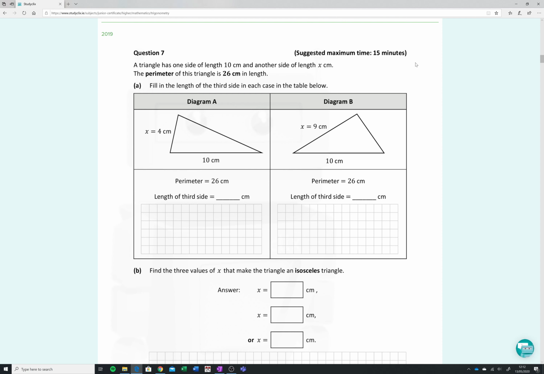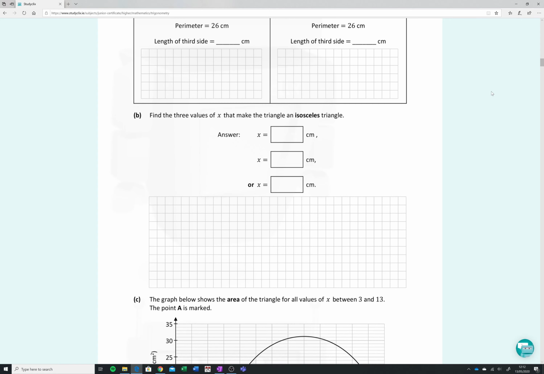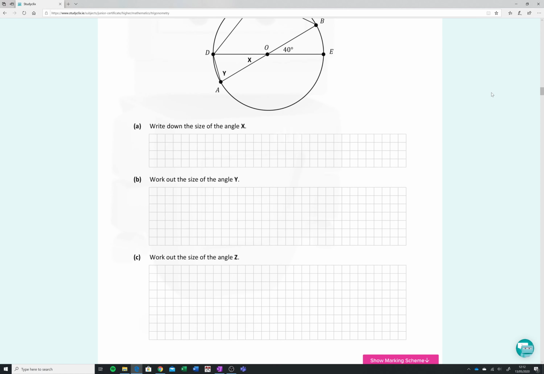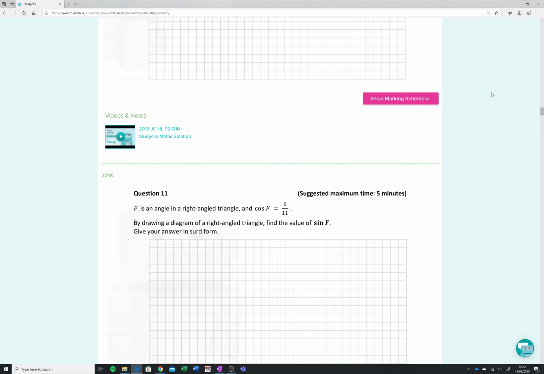Let me see. No, it's perimeter. It's just adding together some of those things. So let me see if I can find a tough actual trigonometry one.